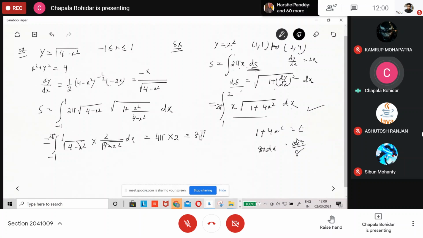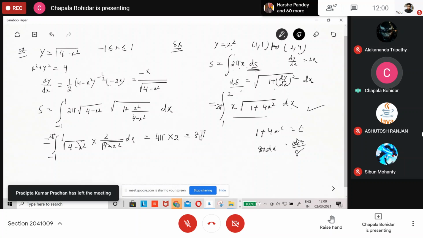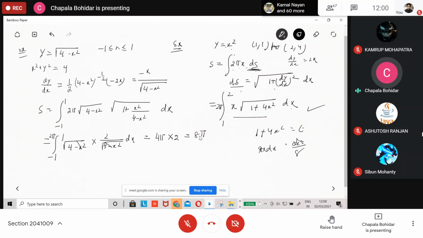Or if you want, you can change the limiting value here. When the value of x is equal to 1, what is the value of t? And when the value of x is equal to 2, what is the value of t? Whatever you want, you can do. When x is equal to 1, the value of t is equal to 5.